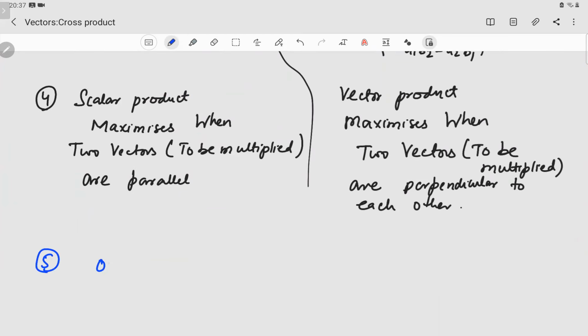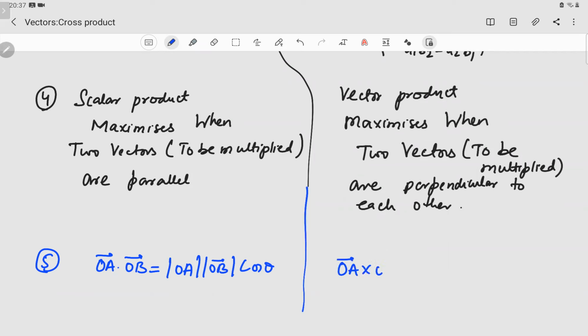But about dot product, you know that OA dot OB is by definition equal to OA dot OB cos of theta. Whereas cross product in comparison is this thing by definition.